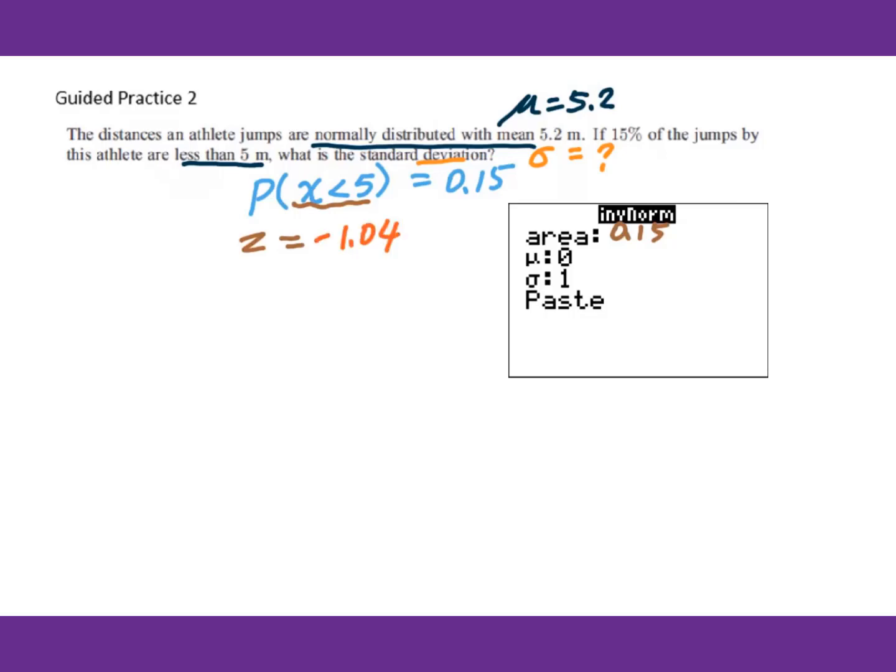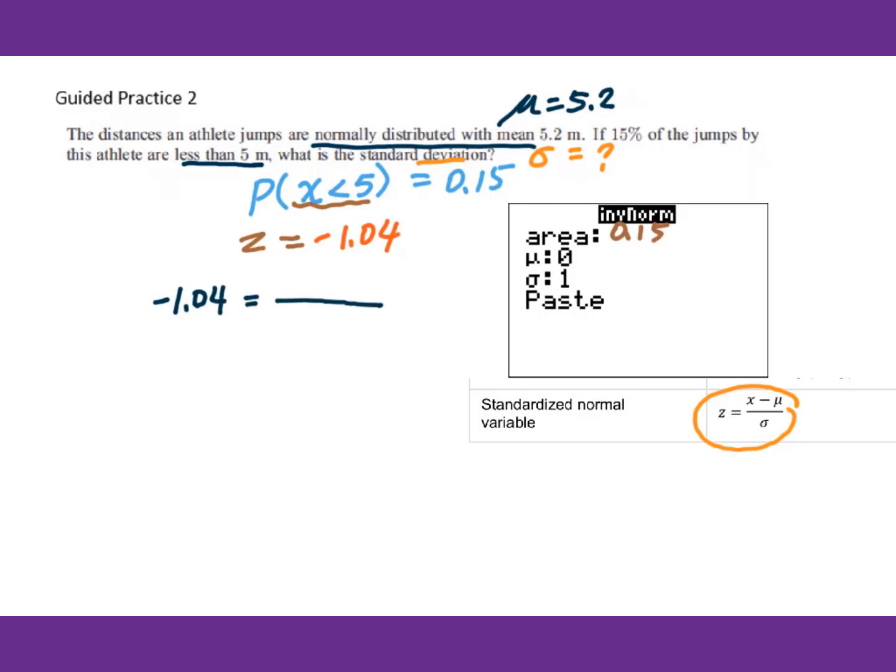That is negative 1.04. And use this given formula. You will get negative 1.04 equals x, that is 5, minus mu, which is 5.2, over sigma.